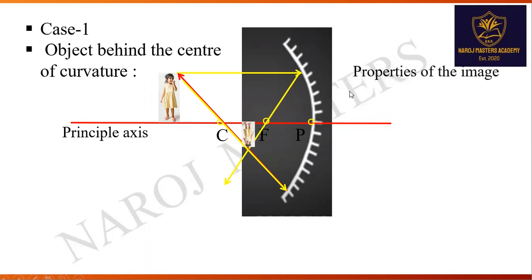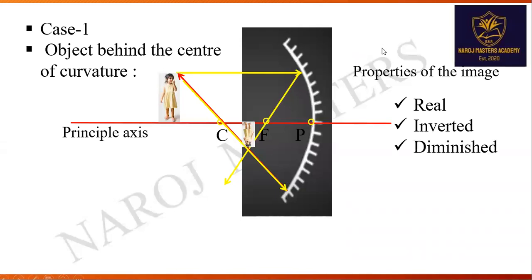The image which is formed by actual intersection of the light rays is a real image, and the image which is below the principal axis is known as an inverted image, and the image which is smaller in size compared to the object is known as a diminished image.